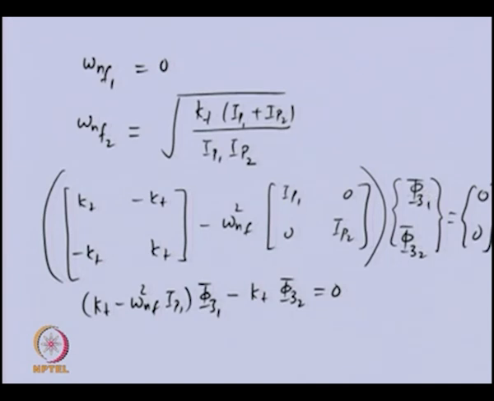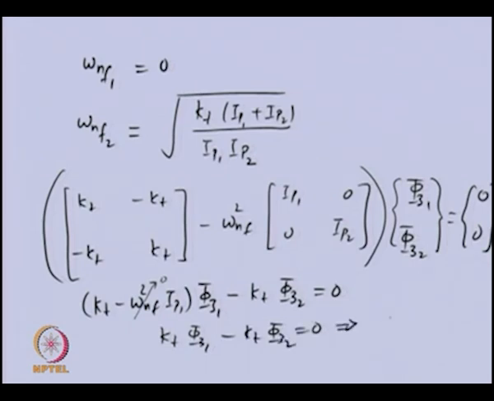So, if we put one of the natural frequencies which we obtained, let us say the first natural frequency, in this particular expression, we will see that this term will vanish and we will be left with KT phi Z1 minus KT phi Z2 is equal to 0.